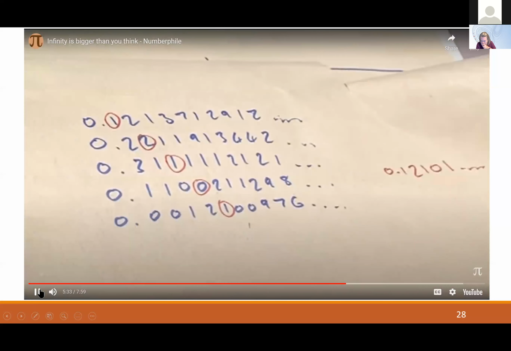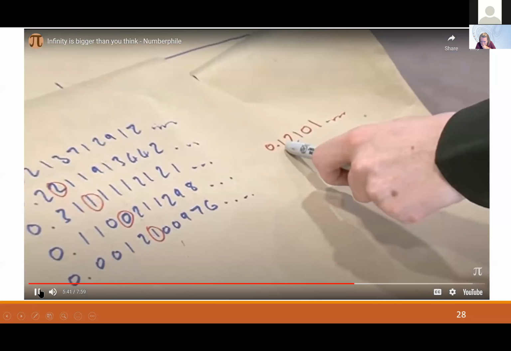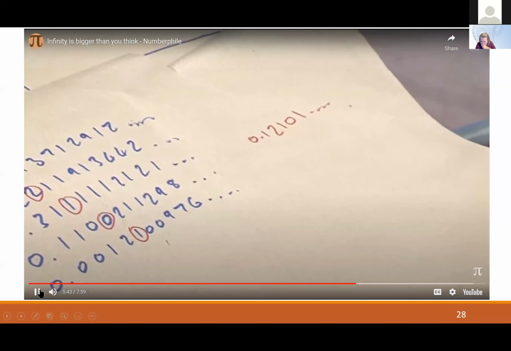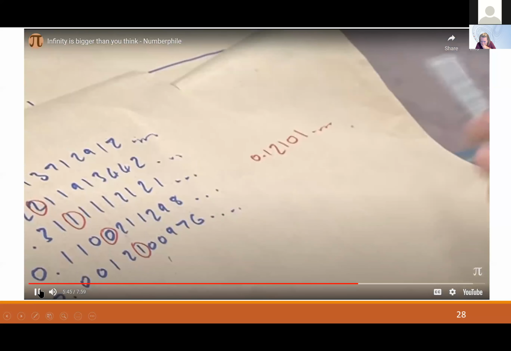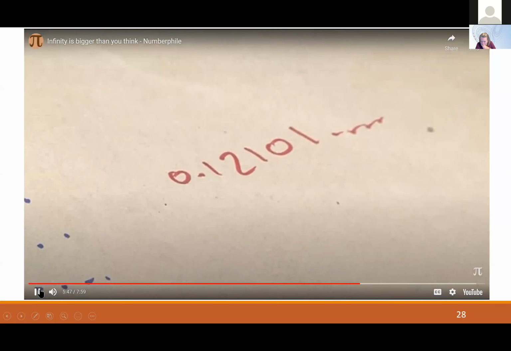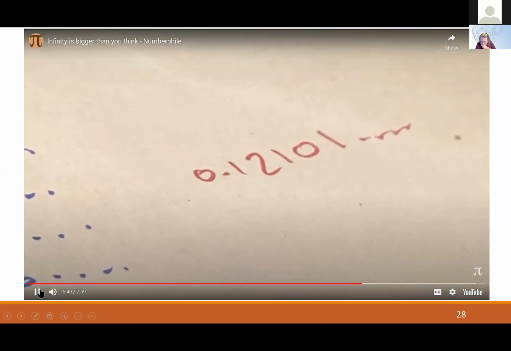Now, this is my rule. I'm going to make a whole new number from that one. If it has a 1, I'm going to change it to a 2. And if it has a 2 or anything else, I will change it to a 1.